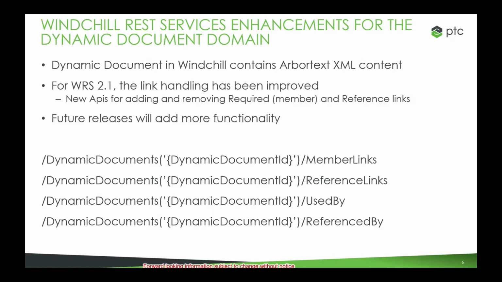You can see I just showed some examples of what that looks like. As we go forward in future releases, we'll continue to add additional functionality, but for 2.1, we focused on these link-related APIs. The details are available in the WRS 2.1 system.